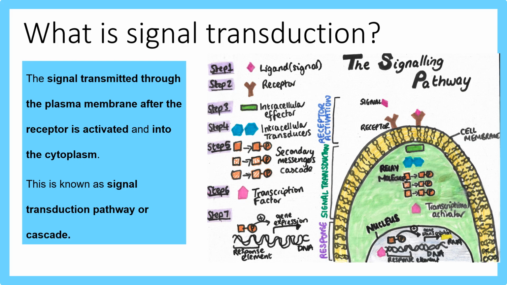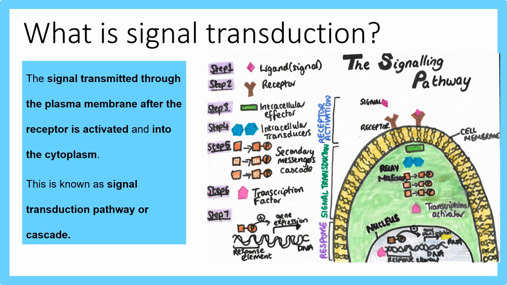So what is signal transduction? Signal transduction occurs when you have a ligand or the signal, and it has been activated via the receptor. This signal then passes through the plasma membrane.